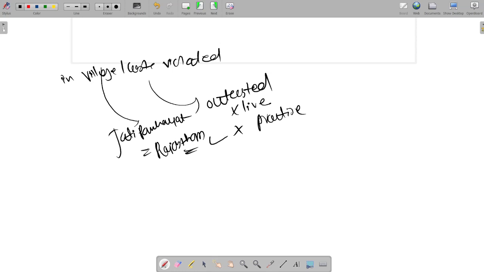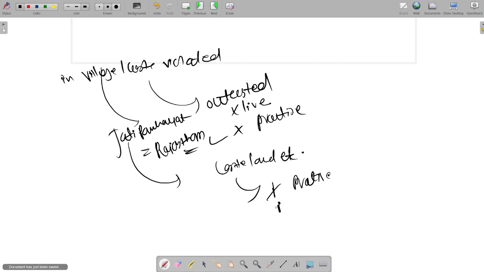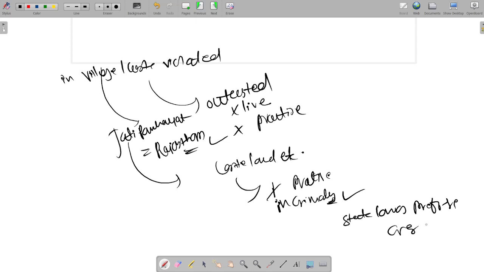That is, the civil arbitration of disputes between castes, land, etc. Generally, the state did not interfere in their practices, but in criminal cases, the state generally interfered, and the state laws were preferred over panchayat rules.